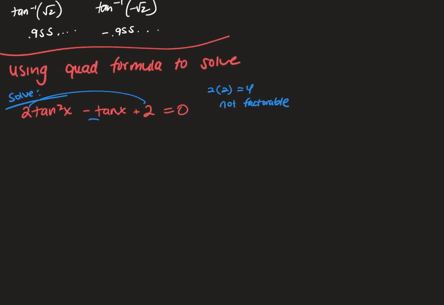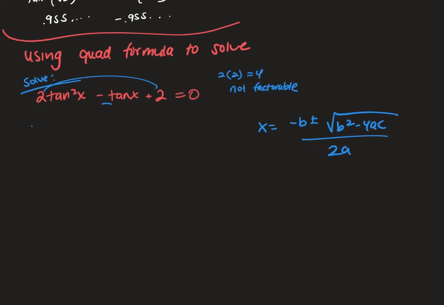The quadratic formula: x equals -b plus and minus the square root of b squared minus 4ac, over 2a. In this one, a is 2, b is -1, and c is 2. Make this a -2, sorry. It's still not factorable.